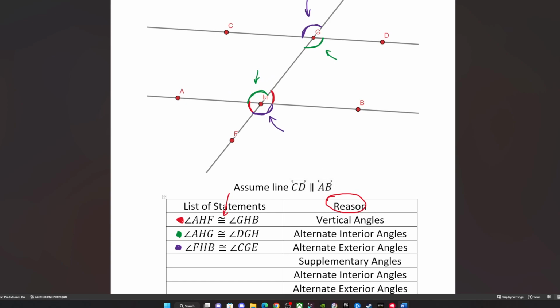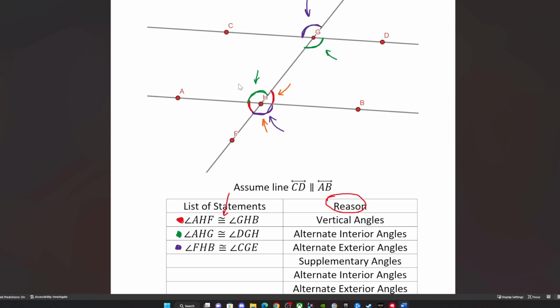The next one will be supplementary, and just remember that two angles will add up to 180 if they are supplementary. You can look at a lot of examples in this diagram of angles that are 180. You can take for instance the purple angle right here and the red angle right here, and these two angles, this purple and this red one, would be supplementary angles.